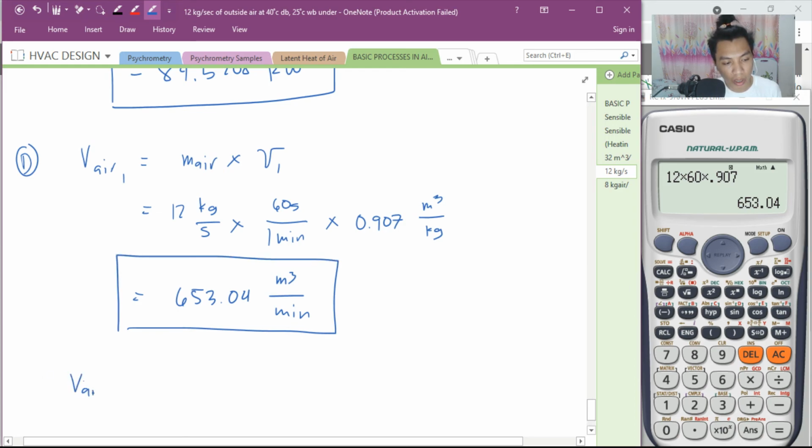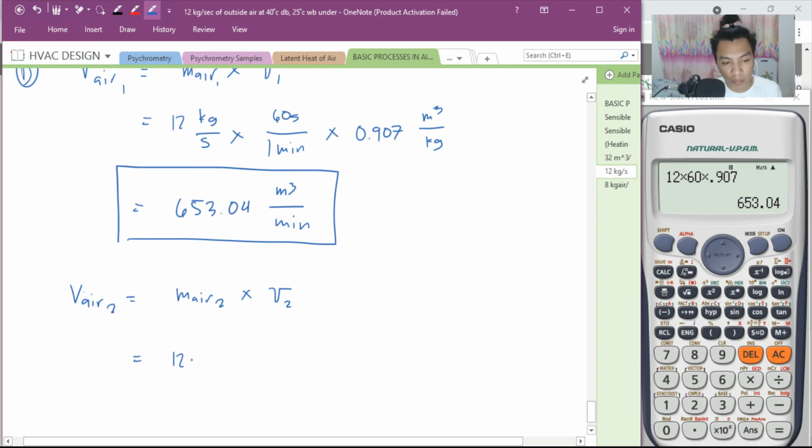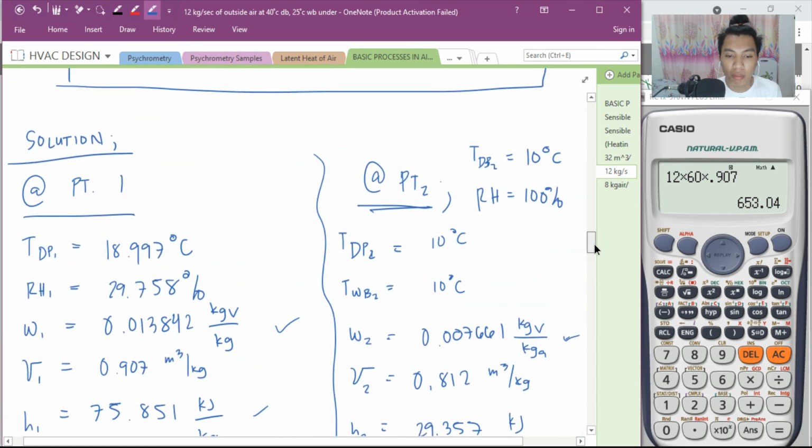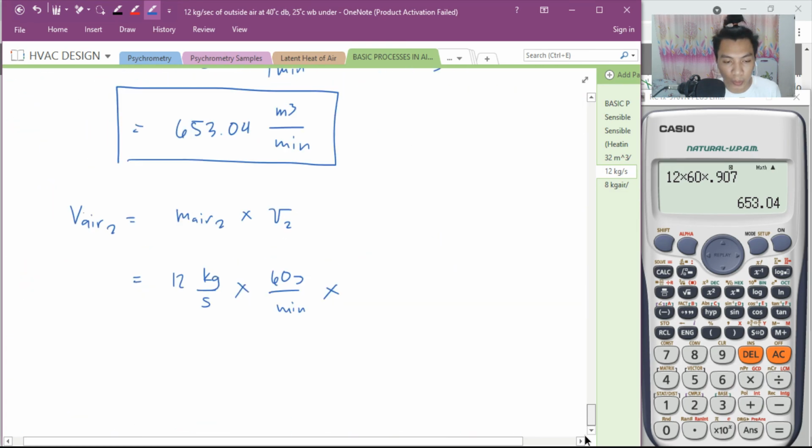Volume of air at 2. Bale, that is M ni air times specific volume at 2. That is 12 kilogram in every second times 60 seconds in every minute times ito 0.812 meter cube per kilogram.